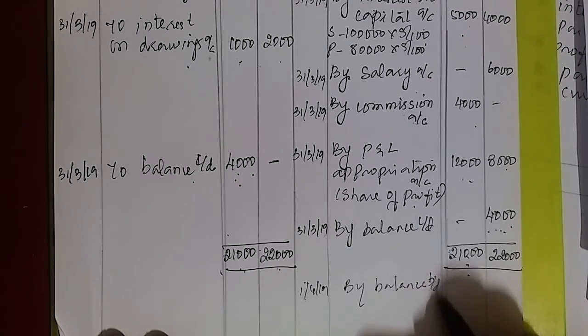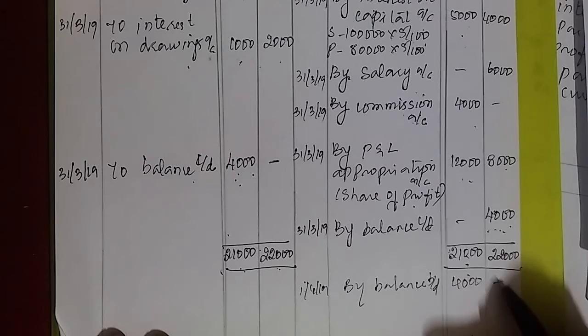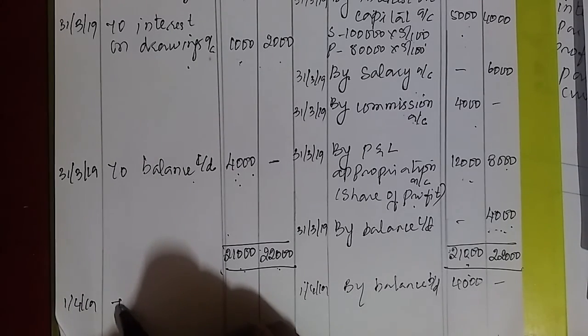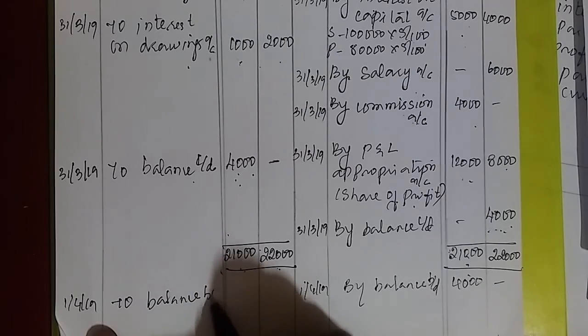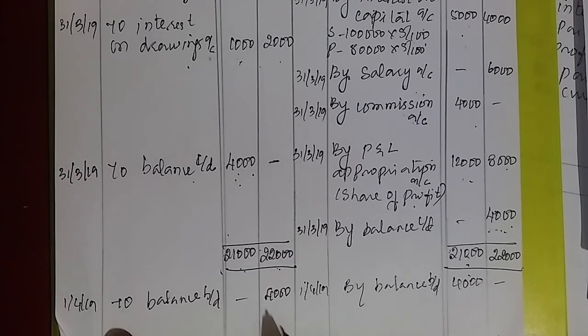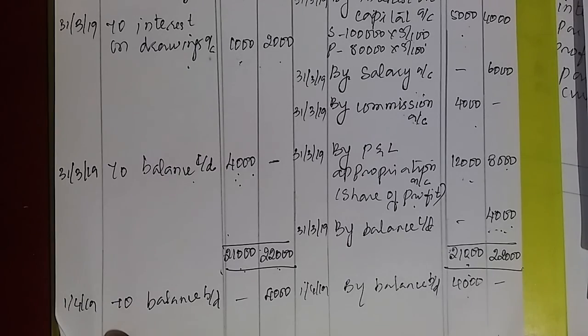Balance brought down, how much? 4,000. And another value we show here, to balance, for Pratham. This is for Sachin. Is it clear?